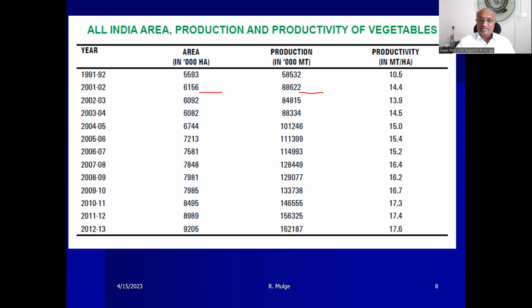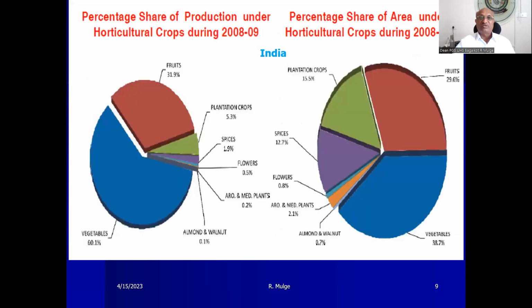In the latest data, a slight improvement is there, no doubt. If you look at all the horticulture crops, vegetable crops contribute almost 60% of the production. But in area, vegetables have 38%. Fruits have 29% of the area, but the production share is 31%.